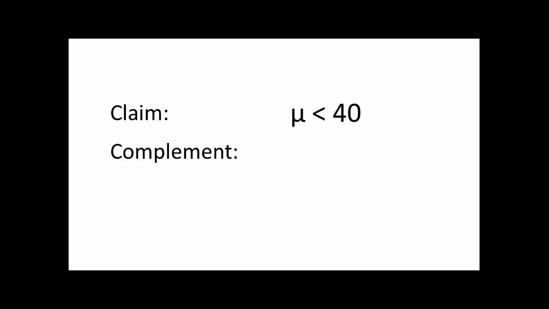The complement of mu is less than 40 is not mu is greater than 40. It is mu is greater than or equal to 40, because we have to allow for the possibility of equality. And the complement of mu is greater than 165 is mu is less than or equal to 165.